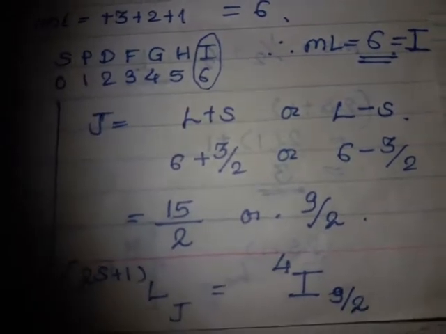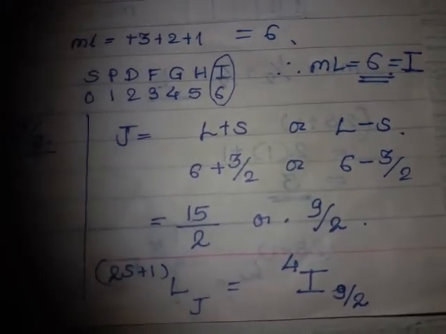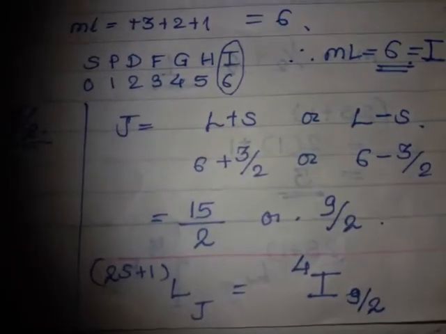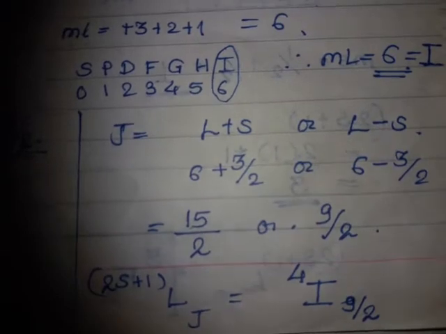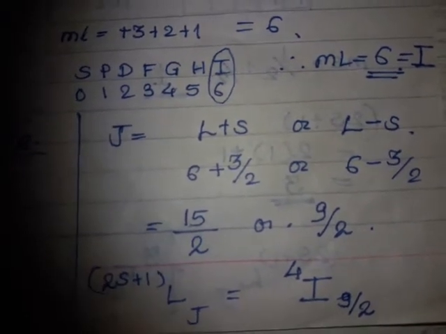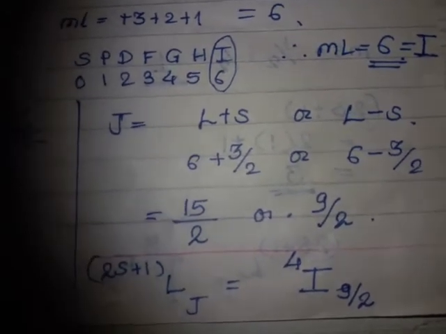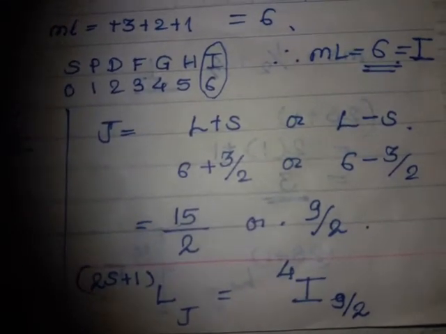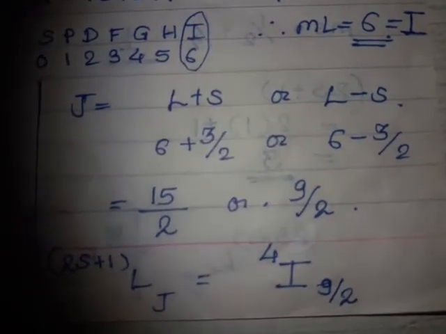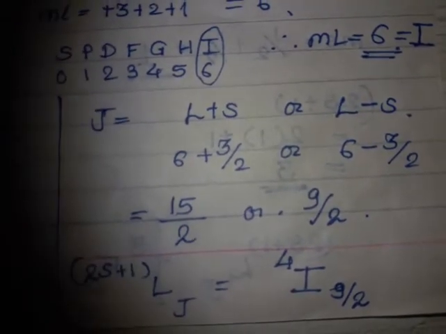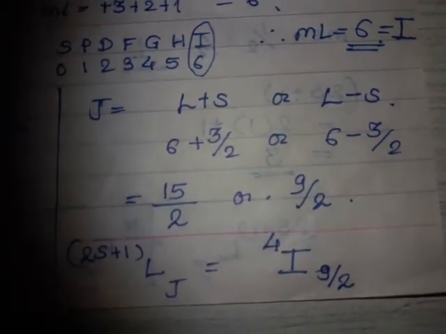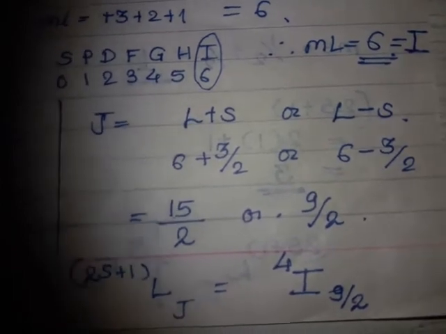So we use J equal to L minus S. Now L is equal to 6 and S is equal to 3/2. So L plus S is 6 plus 3/2, or L minus S is 6 minus 3/2. Now 6 plus 3/2 is equal to 15/2, or 6 minus 3/2 is equal to 9/2.